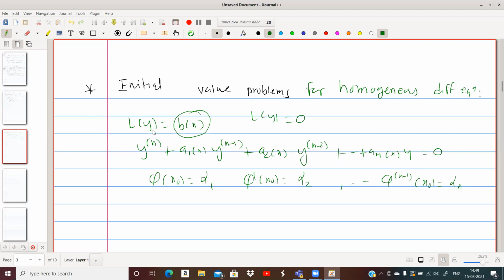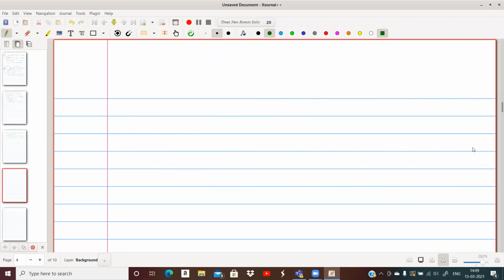We have seen the existence theorem for homogeneous differential equations with constant coefficients. I should write the statement of that result. Existence theorem: existence of a solution satisfying that initial condition.